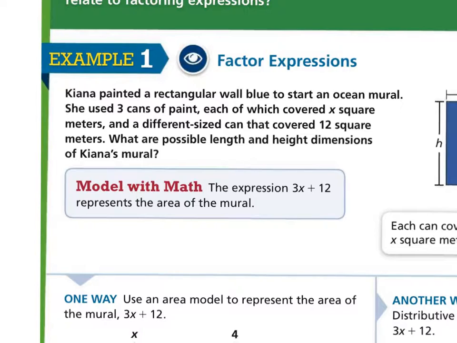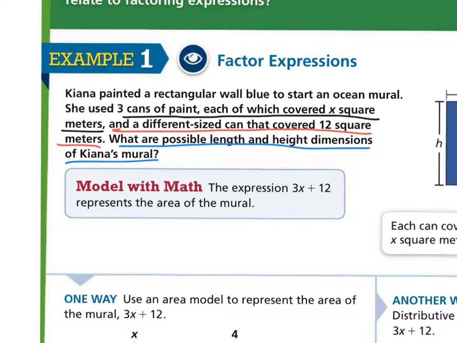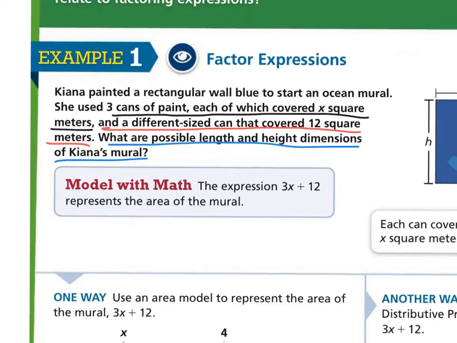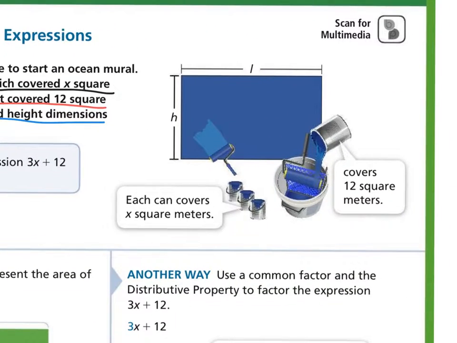As we were reading that, we can be underlining or highlighting some information there. All right, this is what we got, a length and a height.